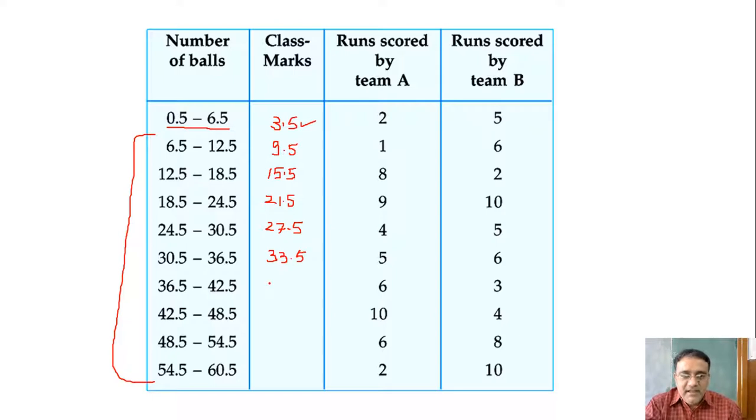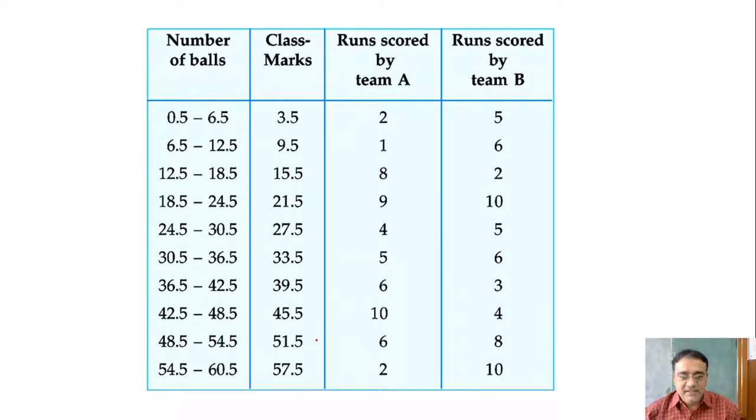Okay, and the next plus 6. 39.5. Okay, plus 6 again. 45.5. Plus 6 again. 51.5. Last one, 57.5. Right, 57.5. So we'll get this one.